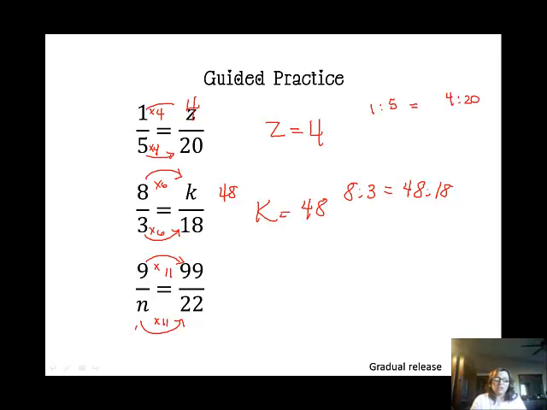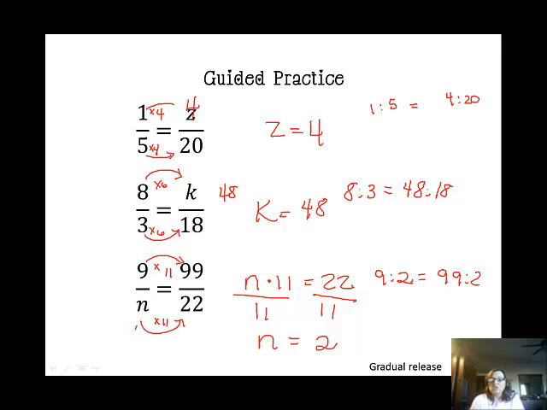So we need to still figure out n. We know n times 11 is equal to 22. And how do we solve this? We can go ahead and divide, and n is going to equal 2. So we could say 9 to 2 is equivalent to 99 to 22.